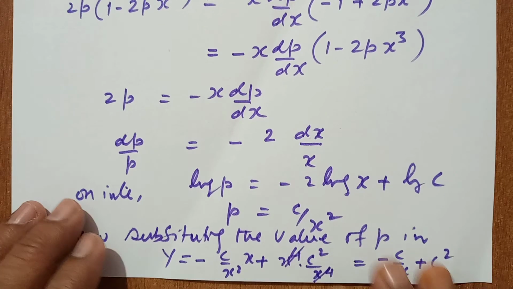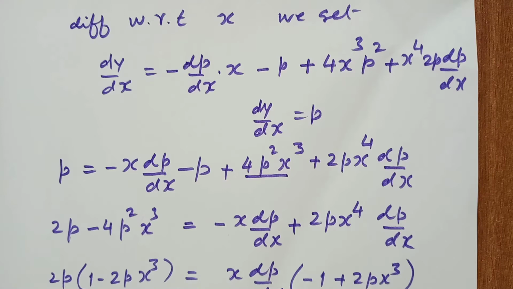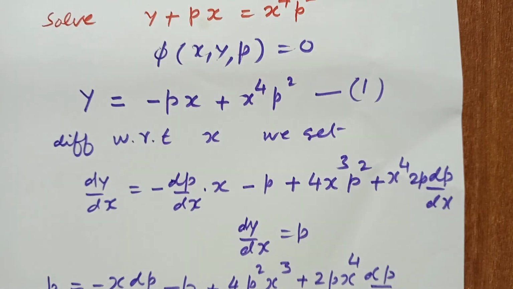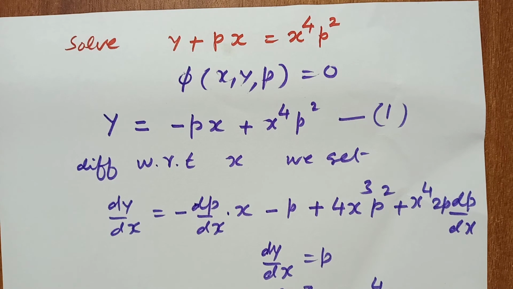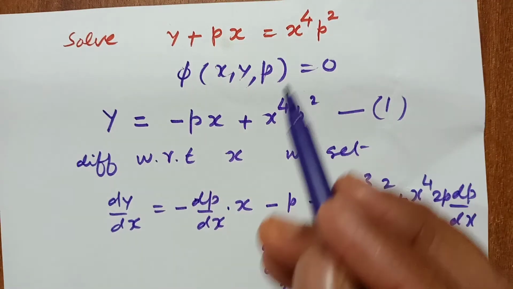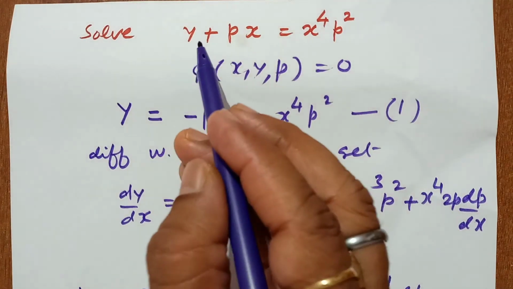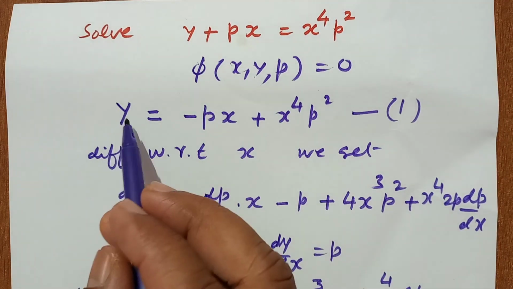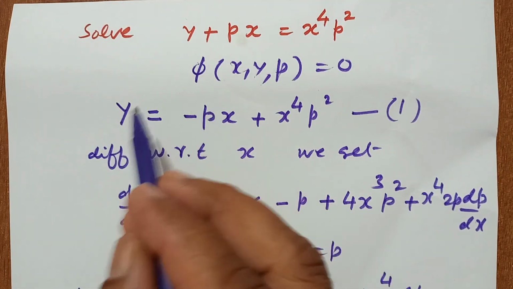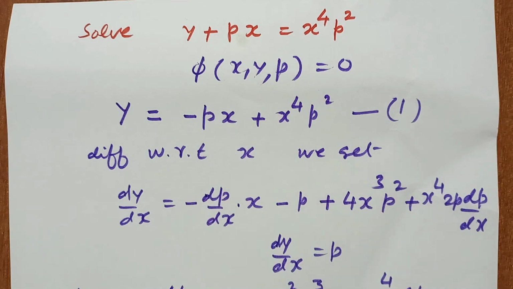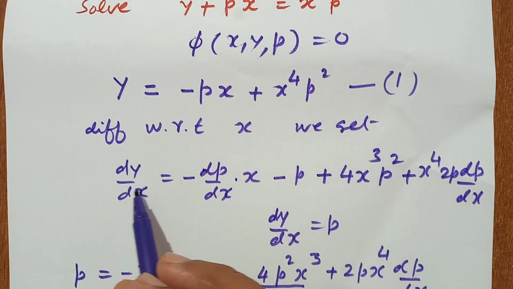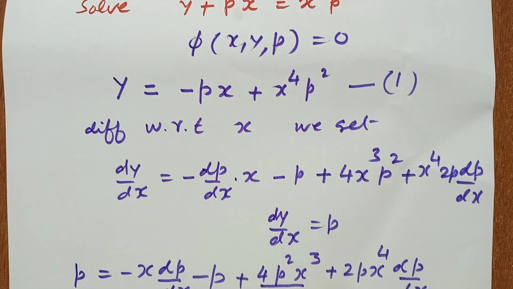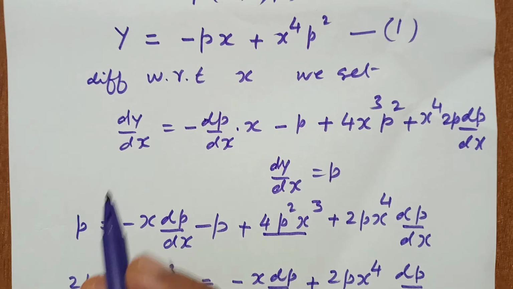This is very easy to solve, differential equations solvable for y. So what is the method? First we see very carefully the given differential equation and the degree of y is 1. So first we write y equal to the remaining things on the right hand side and then differentiate with respect to x. Then put dy by dx equal to p.